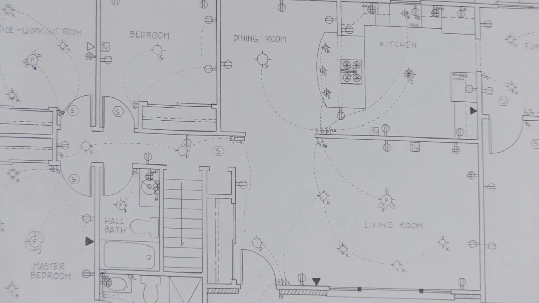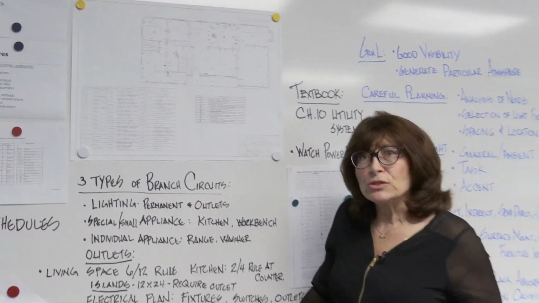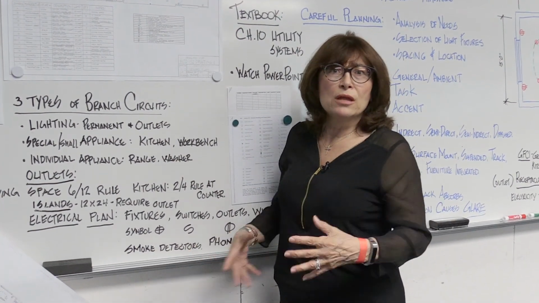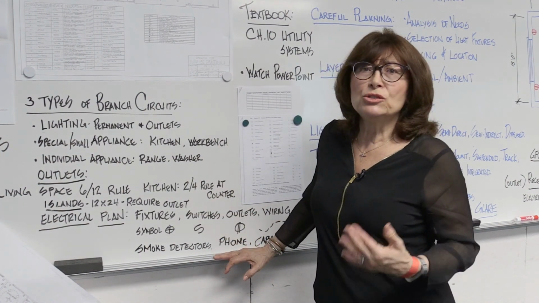Something to help you understand this a little bit better is when microwaves first came out, they were on the counter a lot. You just took this appliance, put it on the counter, and plugged it into a regular outlet.